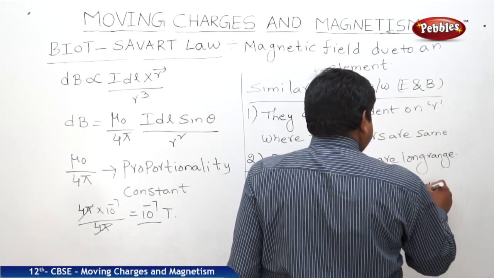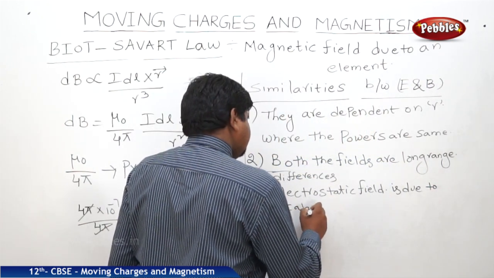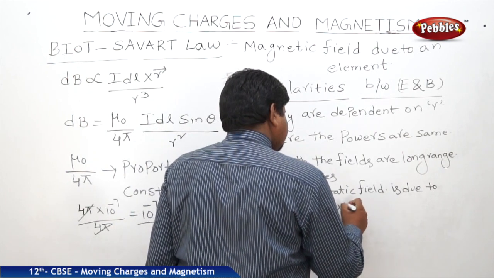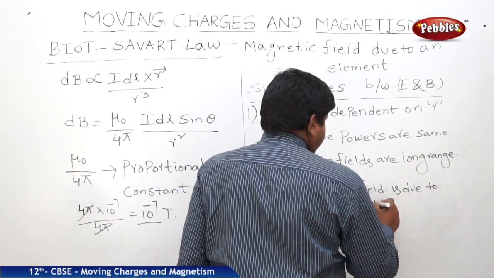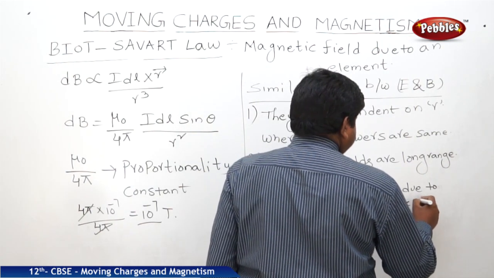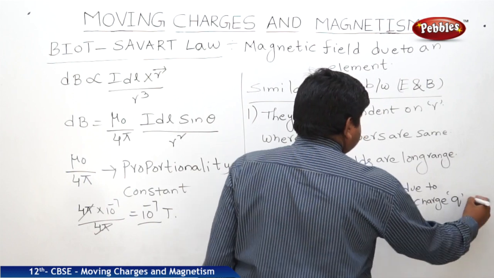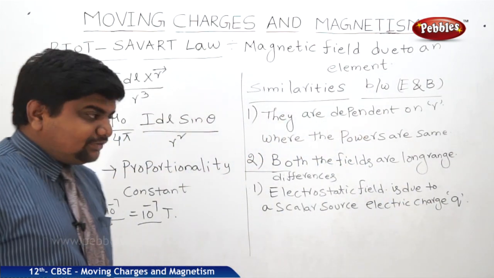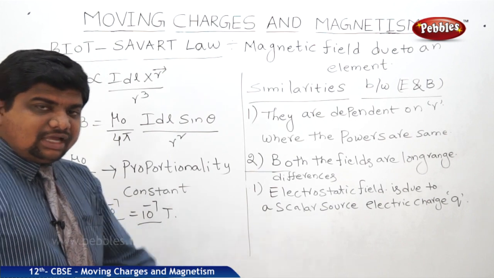Due to a scalar source, charge, electric charge. And whereas the magnetostatic force or magnetostatic field is due to a vector source called IDL.